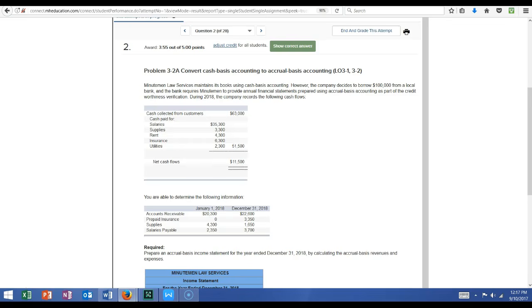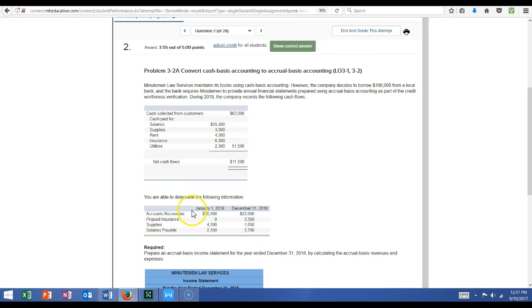So the main thing and the trick here is on January 1st of 2018, the accounts receivable was sitting at $20,300, which means they were due money coming in of $20,300. On December 31st, the accounts receivable balance is at $22,600.